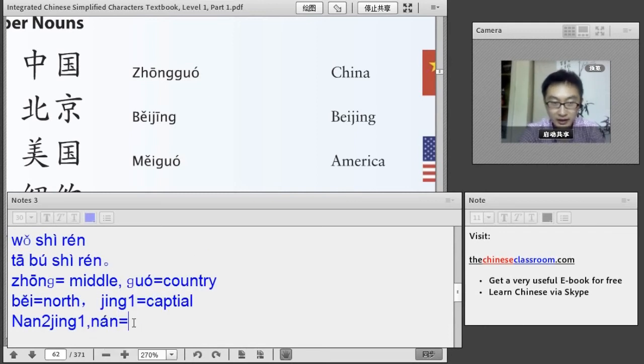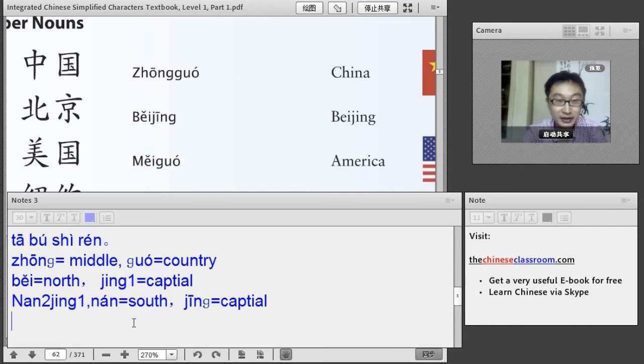Nan means south. Of course, Jing means capital. Nanjing is the south capital. In ancient times, there were many dynasties. Actually, the capital was in Nanjing, so it's called the south capital. Then we moved to Beijing, the north capital. Okay, it's a kind of history thing.